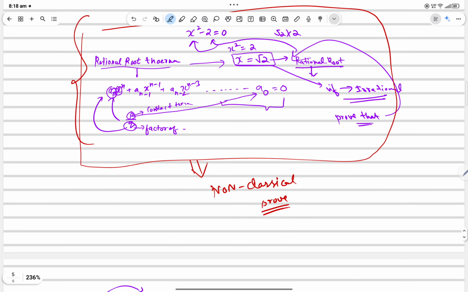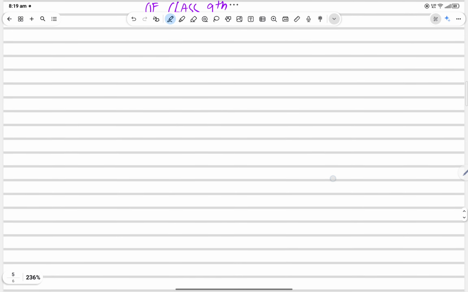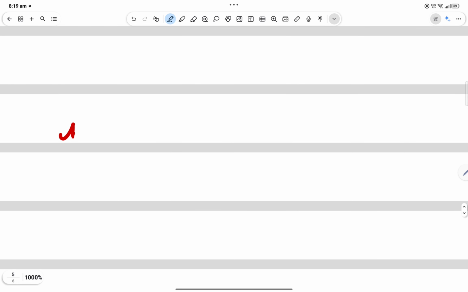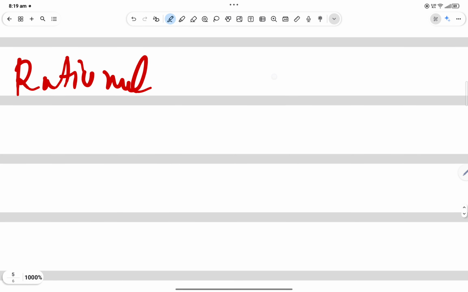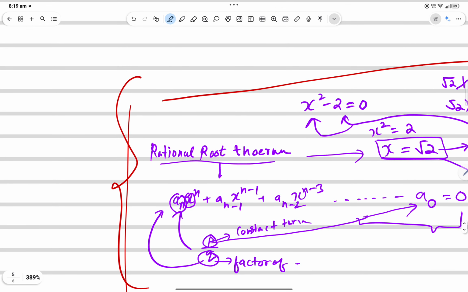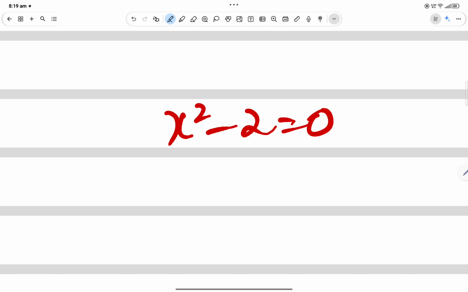Now we can also do a proof like this. See why the rational root theorem statement is true, because here we have x square minus 2 equals 0.